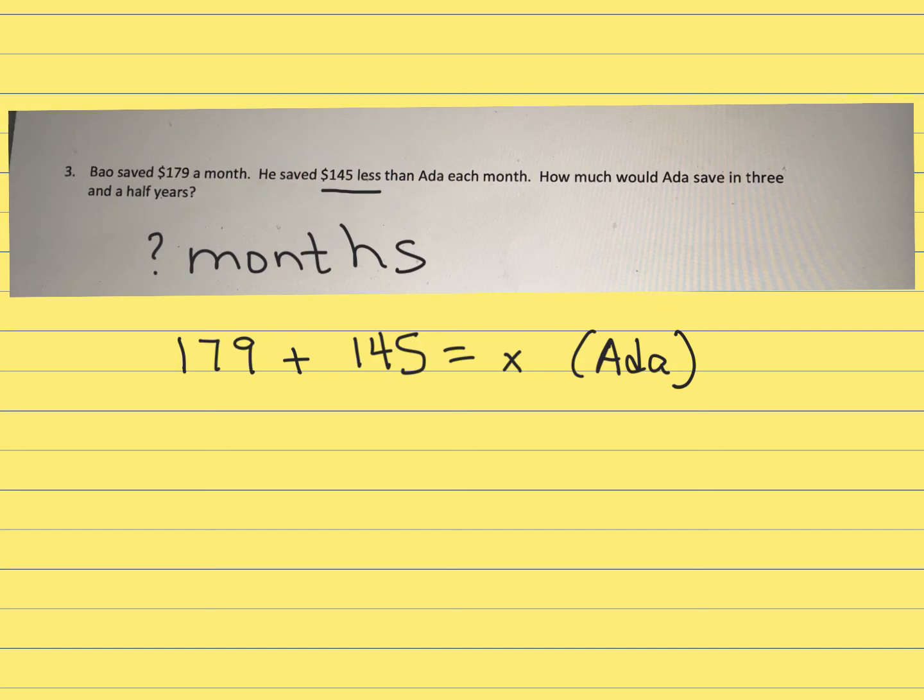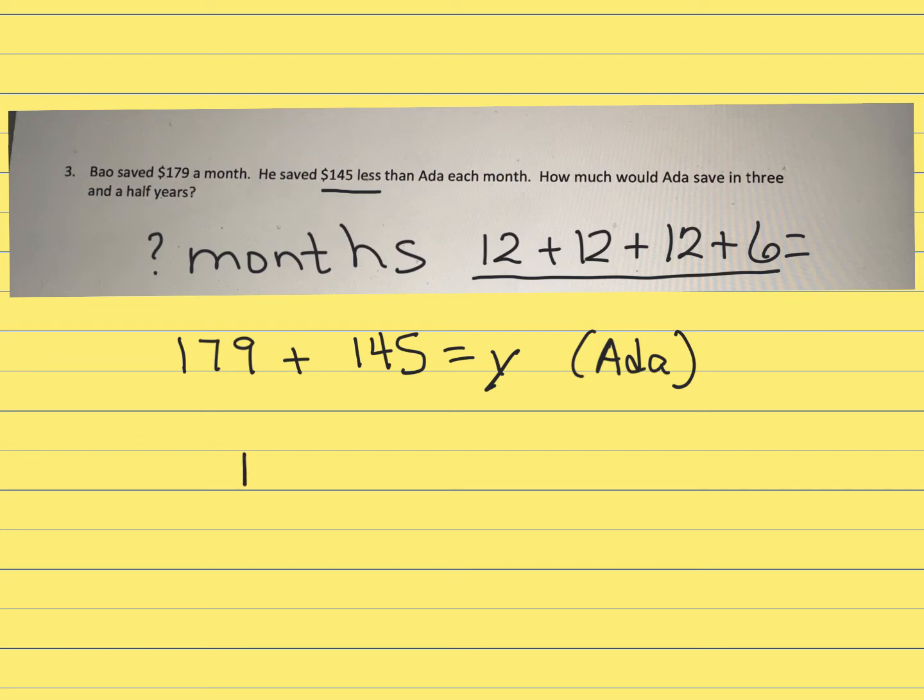Remember, 1 year is 12 months, so 12 plus 12 plus 12 for three years, and the half is 6 months. Figure out how many months, and it's going to be the number of months times the monthly amount. And then you will find out how much Ada could save in 3.5 years.